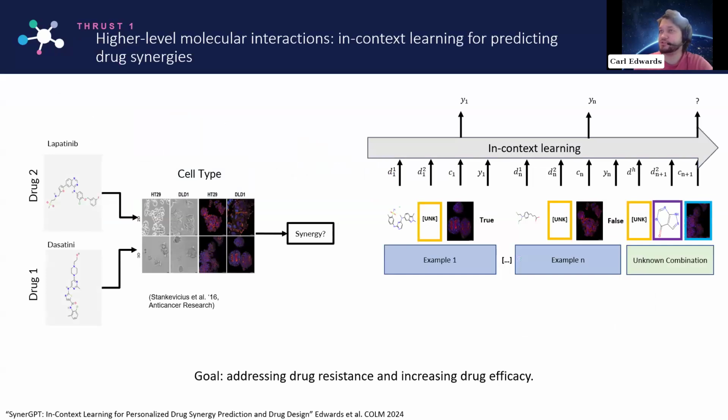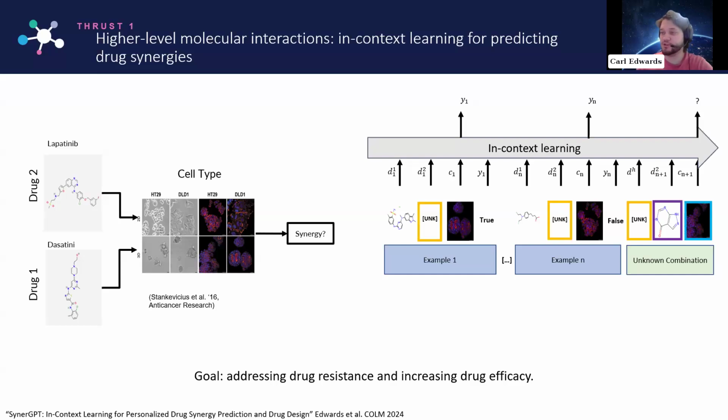Also, something I wanted to mention, this is one of my own papers, is that transformers can be useful at higher levels too. For example, here we looked at learning how to predict drug synergy in context. It's a higher-level interaction between these molecules taking place in a very complex environment, which is different cell types within the human body.